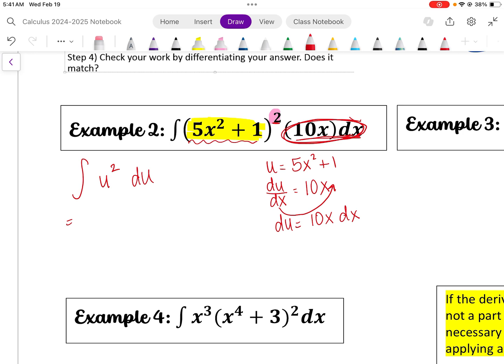Okay, now we can integrate as normal. The integral of u squared is 1/3 u cubed plus c. And now we can replace u back with 5x squared plus 1 cubed plus c.